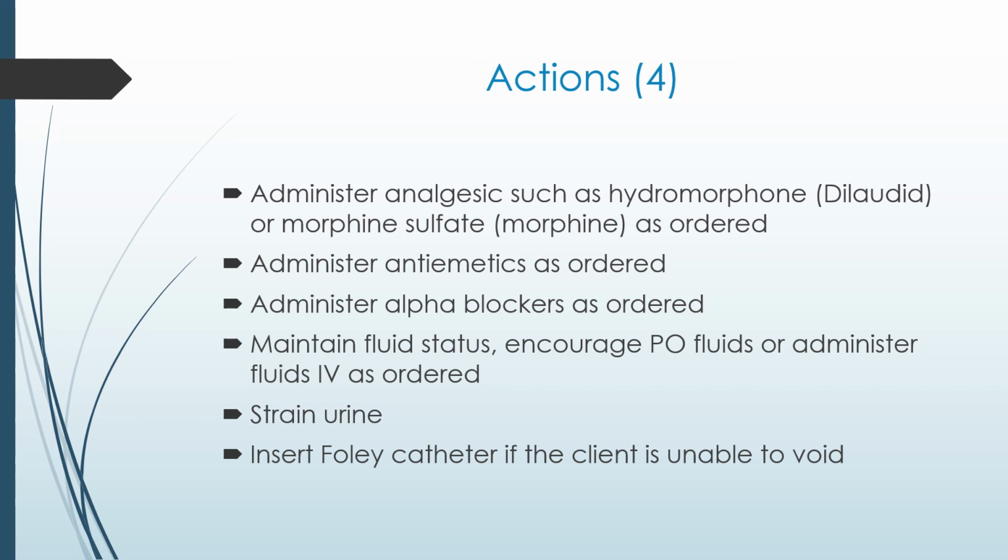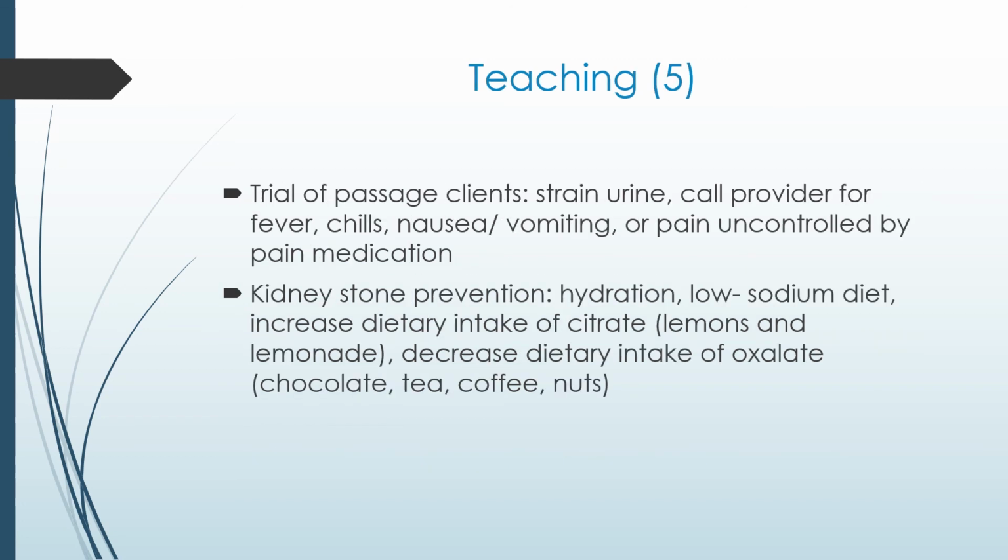And then we are going to strain that urine, because we're going to be looking for that stone. We're going to be looking for that gravel if the doctor has done a lithotripsy. And we are going to insert a Foley catheter if the client is unable to void, unable to pass their urine.